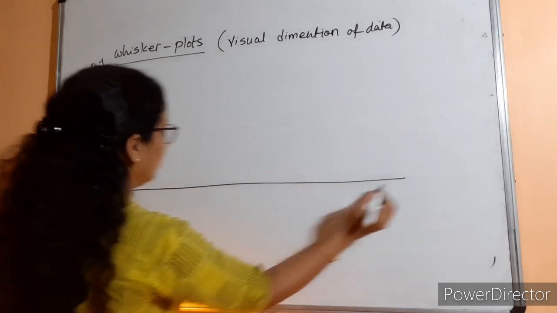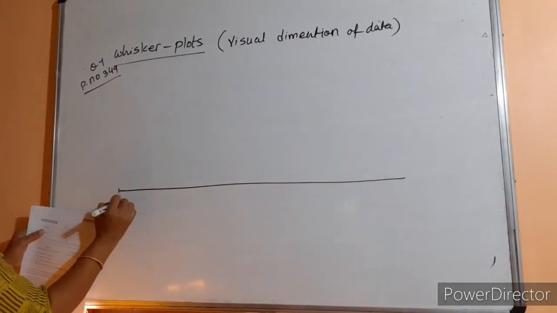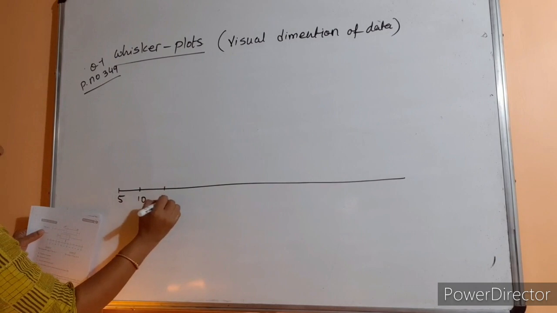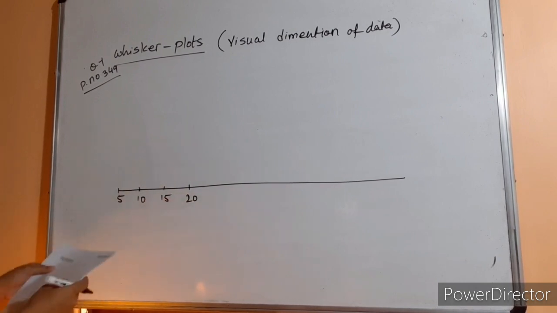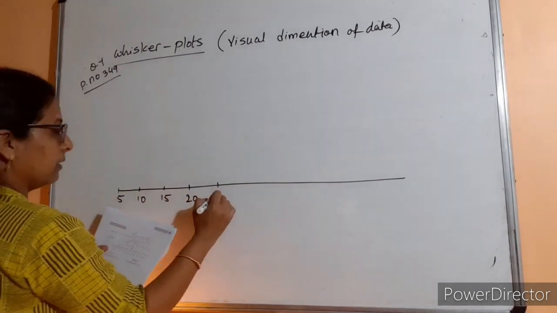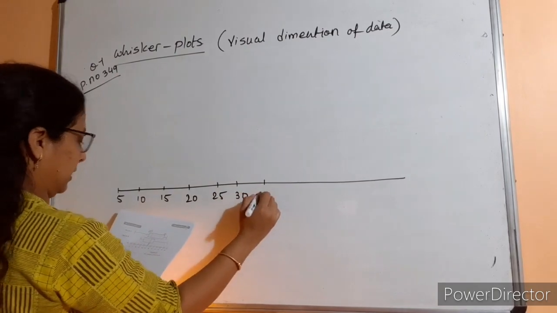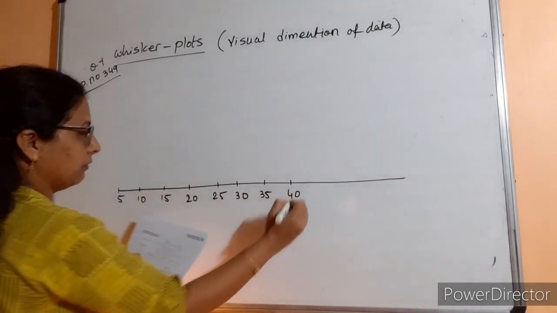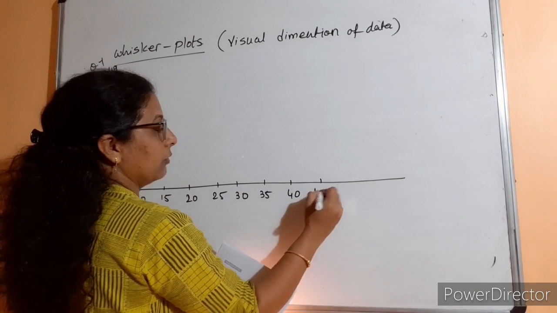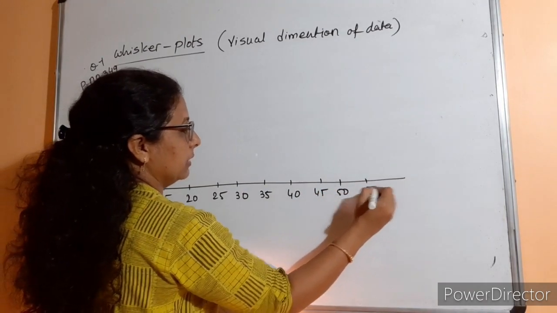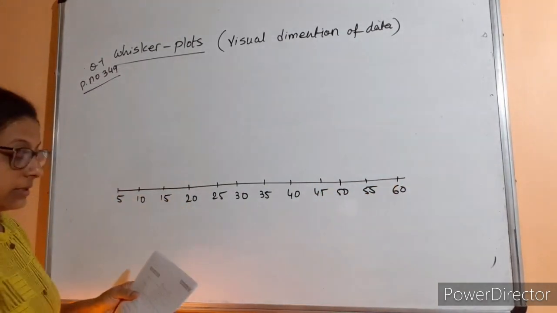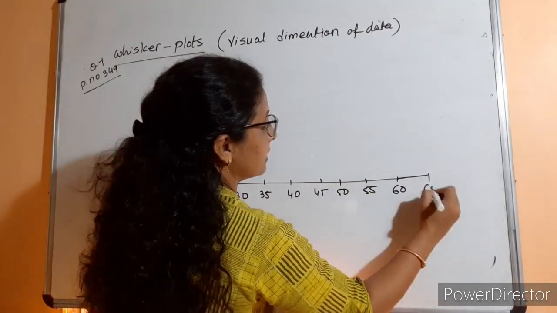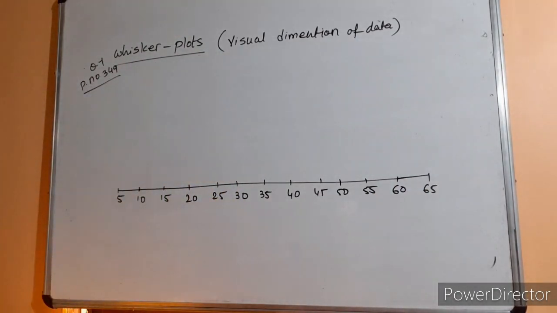First of all, we'll draw the data line: 5, 10, 15, 20, 25, 30, 35, 40, 45, 50, 55 and 60, it goes to 65. This is our data set line.